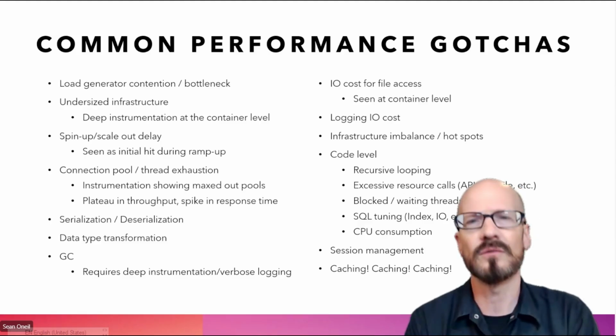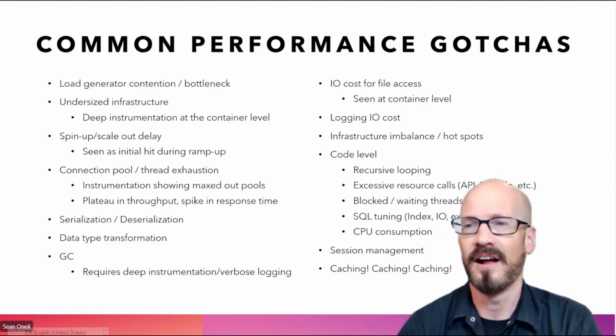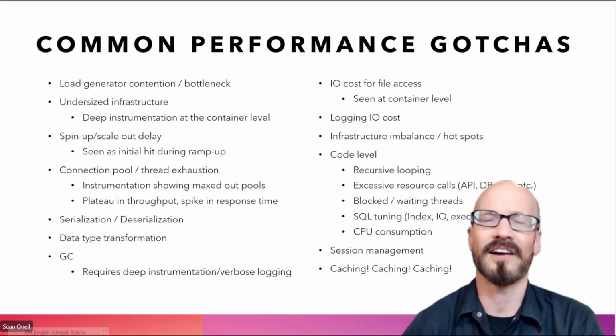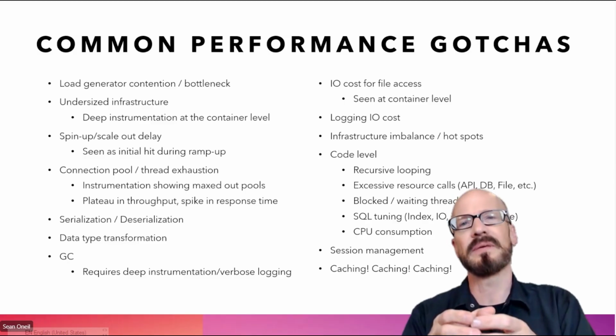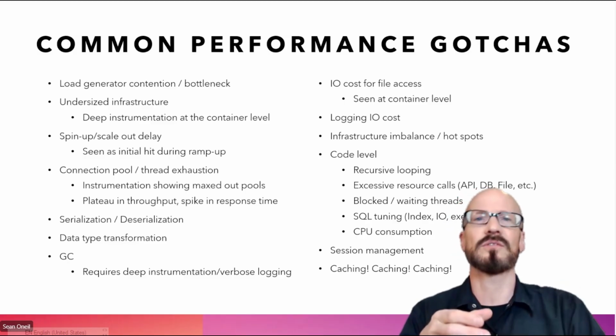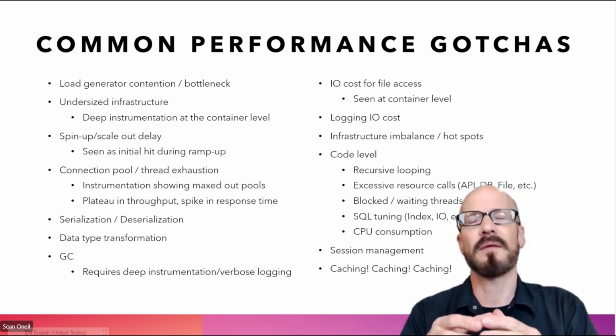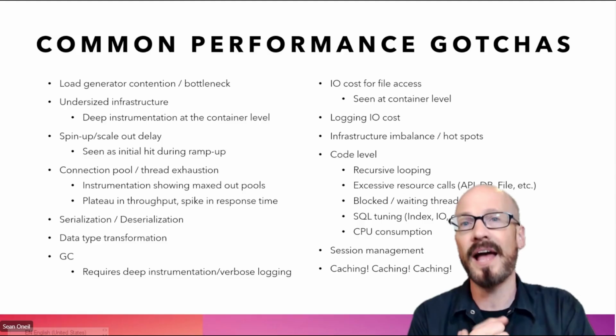But other things that you can run into is the spin up or scale out delay. So in cloud world these days, and almost all applications these days are in the cloud, either on-prem or in the cloud, you'll have a set capacity at the beginning, and then you'll set your scale out or scale up type parameters, especially if you're using function apps or Lambda.